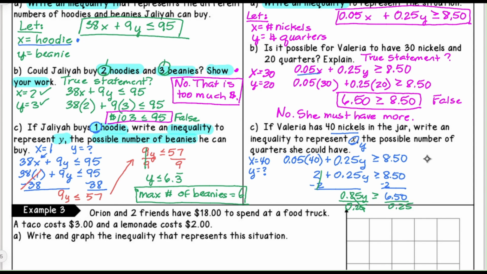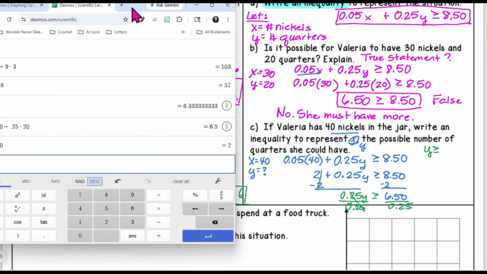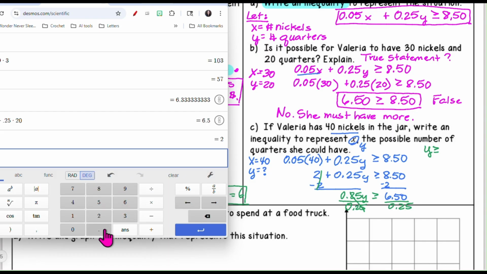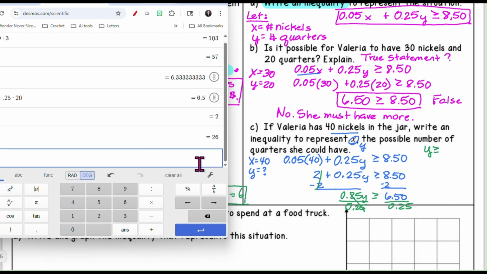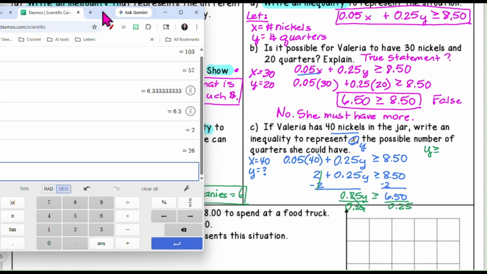So I'm going to end up with y is greater than or equal to 650 divided by 0.25. We can grab our calculator again. We don't have to necessarily know that in our head. We could divide it out longhand if we wanted to, but calculators are nice too. Okay, so we got 26. Yeah, 650 divided by 0.25. Put that in right. Good job.